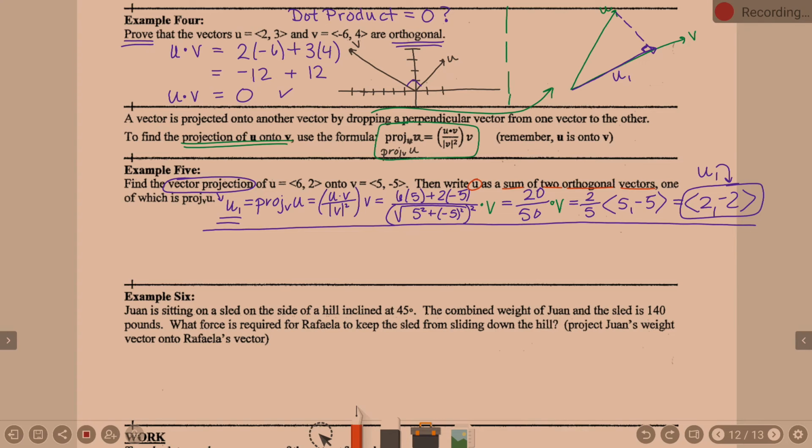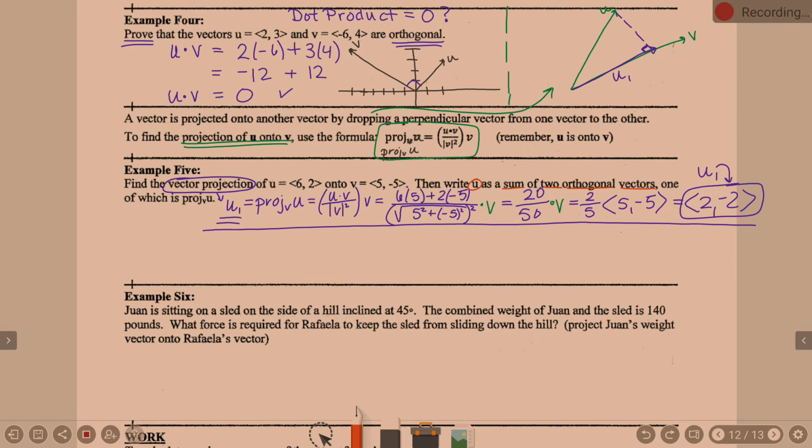We know u, we know u1. Because what is u1? u1 is a projection of u onto v. So u1 is half of that answer. u1 is one of the orthogonal vectors.